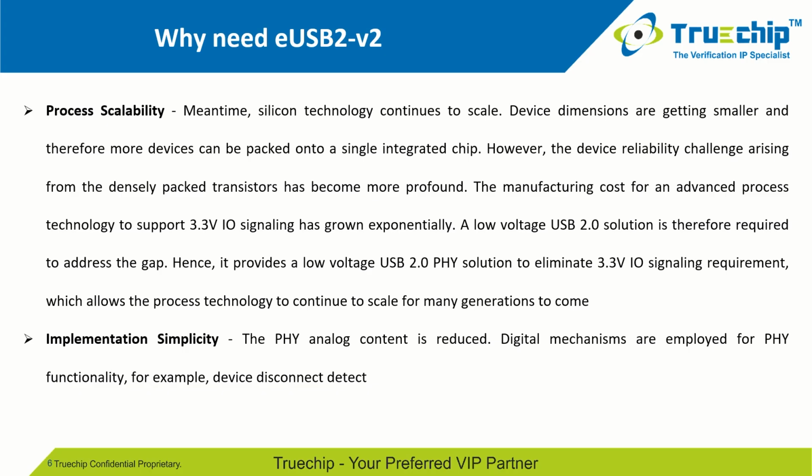A low voltage USB 2.0 solution is therefore required to address the gap. Hence, it provides a low voltage USB 2.0 PHY solution to eliminate the 3.3 volt I/O signaling requirement, which allows the process technology to continue to scale for many generations to come.